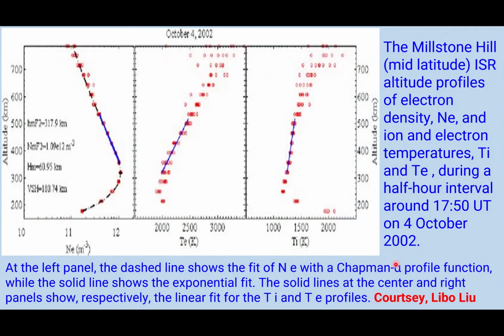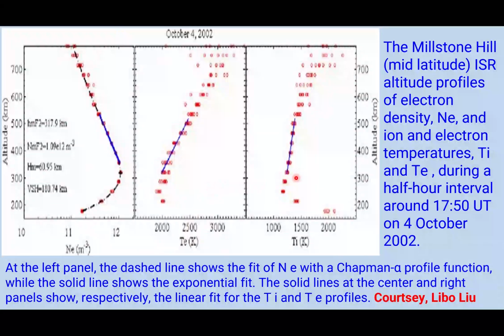And in the middle panel, we show the TE, that is the electron temperature, how it varies with respect to height. One point we should remember is that the plasma has three components: the neutrals, the electrons, and the ions. Of these, the electrons have maximum temperature, and the ion temperature is smaller than that.